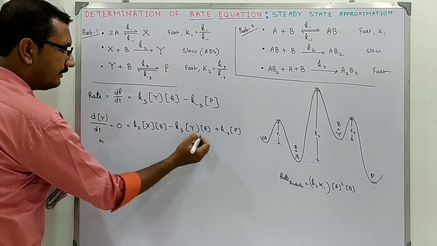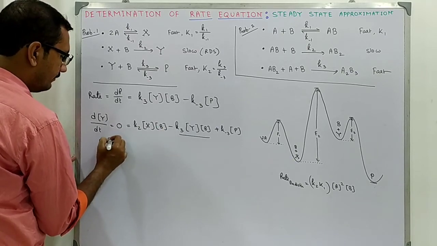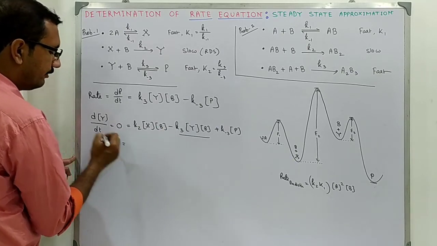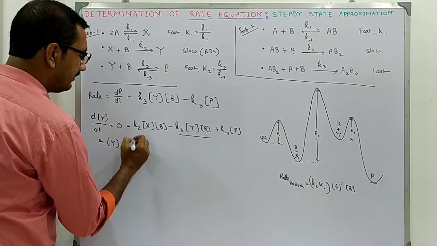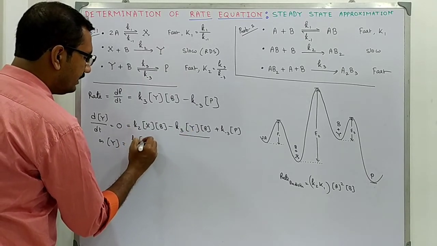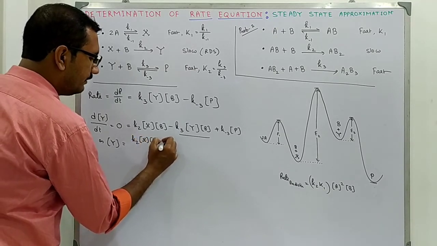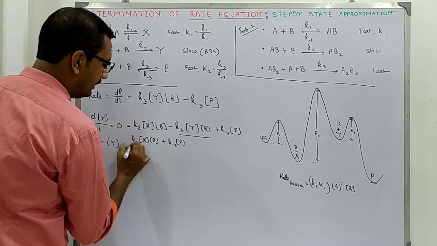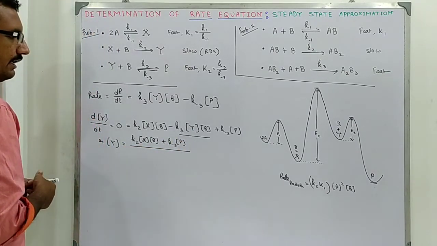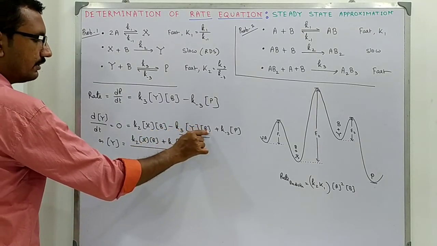So, we take this expression to the left hand side. So, it will be positive, and then we will find the value of y. If we take this expression to the left hand side, then in the right hand side it will be K2 into [x] into [b] plus K minus 3 into [p], and in the left hand side we will have K3 into [y] into [b].